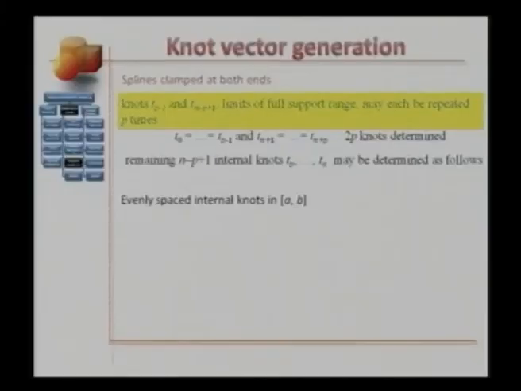They can be either evenly spaced in the interval AB, which would mean that the first P knots T0, T1, T2 up till Tp minus 1 equals A, and the intermediate knots given by Tj plus P minus 1 can be computed as A plus B minus A times J over N minus P plus 2.